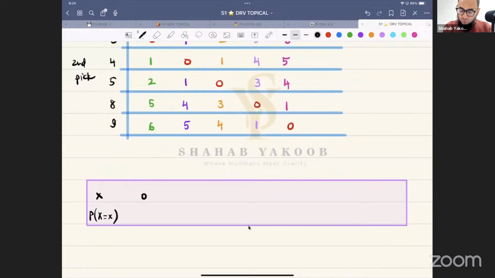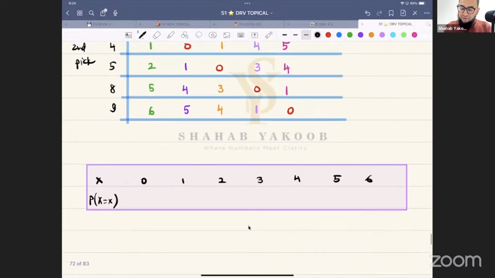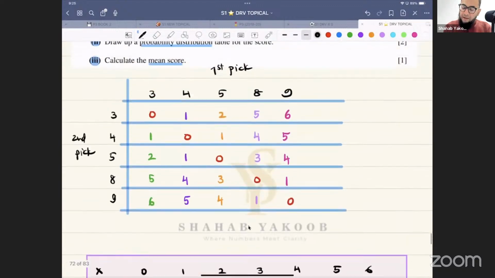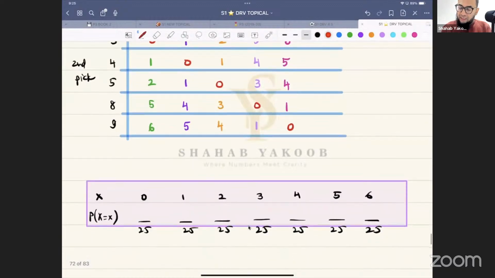So this is 0, 1, 2, 3, 4, 5, and 6. Now there are 25 possibilities, so this is over 25. I'll work in fractions. I can later convert it into decimals. First of all, for 0, there are 5 options.